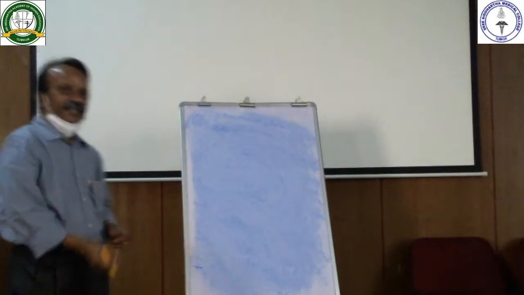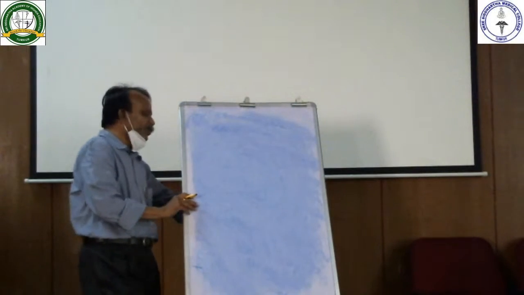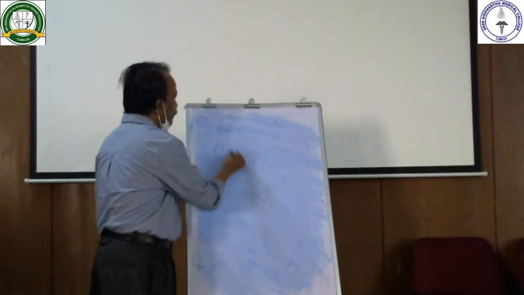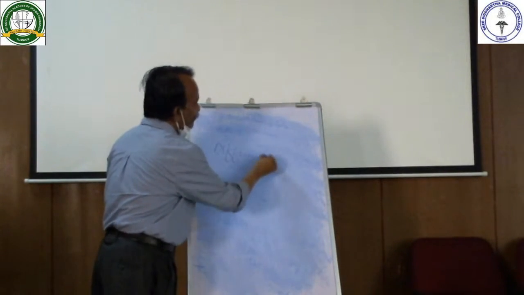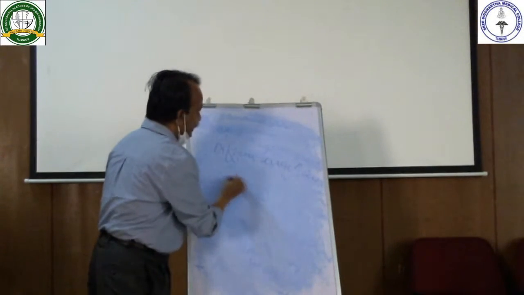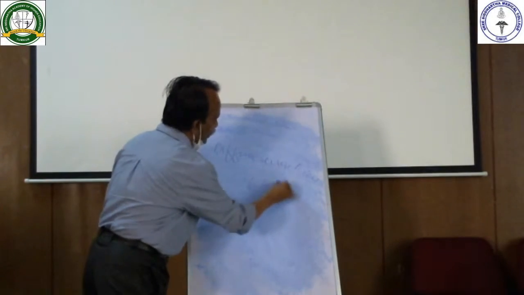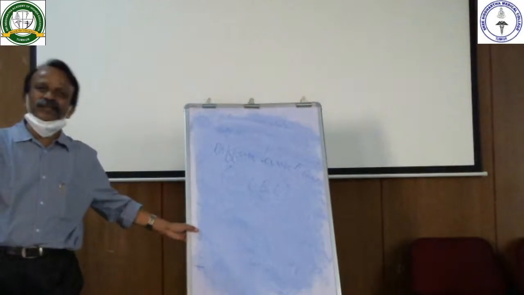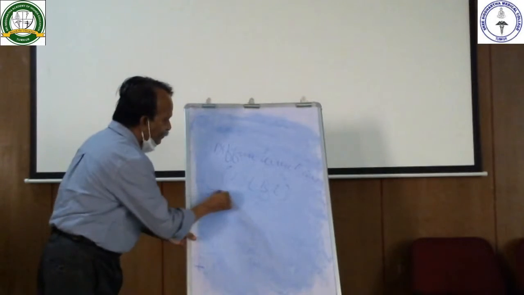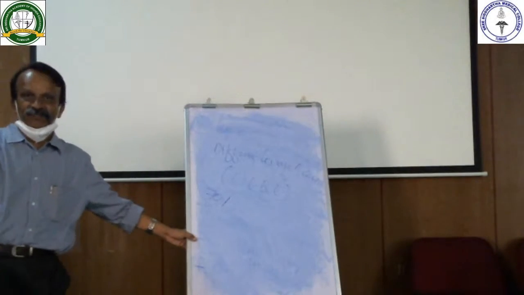Coming to the next one, that is diffuse large B-cell lymphoma. This is one of the commonest types of non-Hodgkin's lymphoma. This accounts for about 70% of non-Hodgkin's lymphoma.